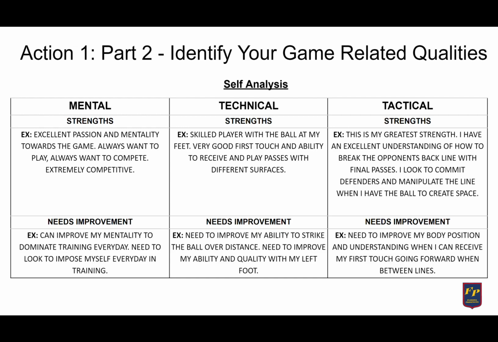Always want to play, always want to compete, extremely competitive, right? That's a general mental thing. Something to improve, can improve the mentality to dominate training every day. Maybe this individual relaxes during training. Need to look to impose himself every day in training, right? Again, just an example. And you have the same thing for technical, strengths and needs improvement, tactical, strength needs improvement. And the whole point is so that way you can start really identifying who you are as a player, what you do well, what you need to improve on from these 3 categories.